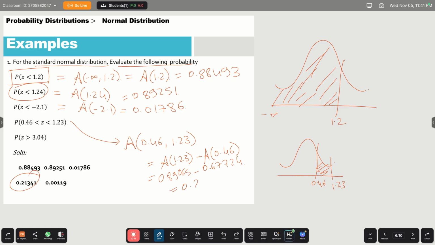So this will be the area between these two values, 0.21341.